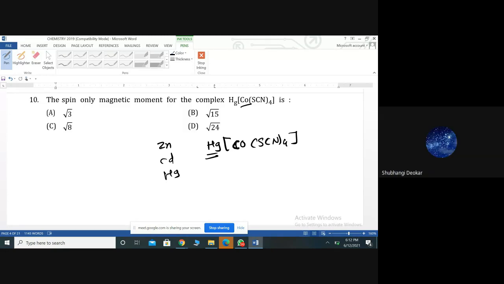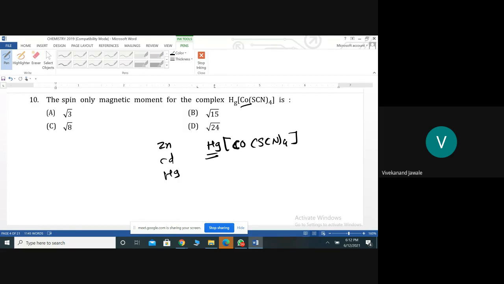Yes, sir. Then SCN, thiocyanide. Thiocyanide has oxidation number -1. SCN is always -1.